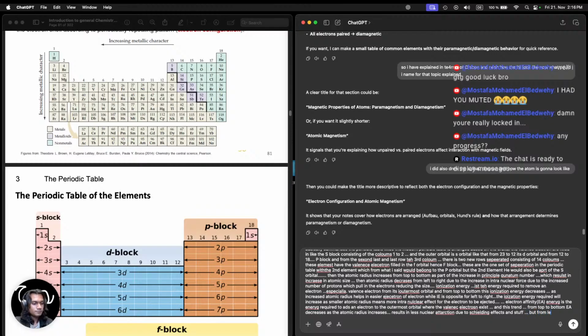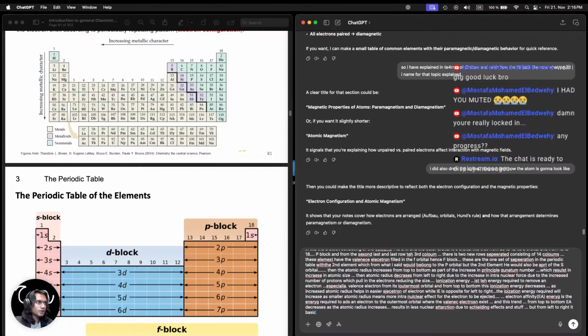But from left to right, EA increases as the radius is lower, higher nuclear attraction, less shielding effect. So these are what I remember. Is there anything else?